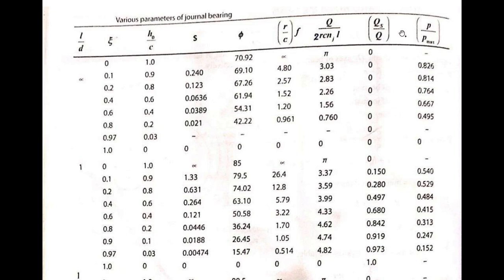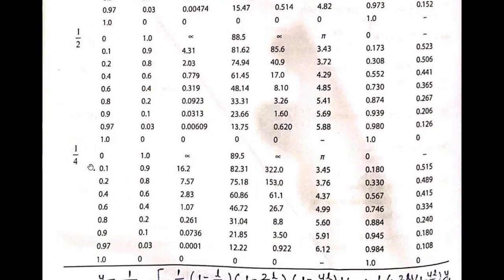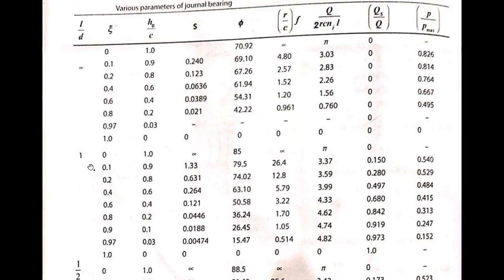It is already explained in the previous slide why these are required. Now look here, this L by D ratio may be infinite, meaning a long bearing. It may be 1, meaning L equal to D, a square bearing. It may be 1 by 2, it may be 1 by 4. So for different L by D ratio, there are different values. How this table is used, I will explain in the numerical.